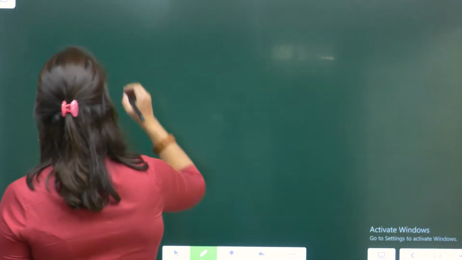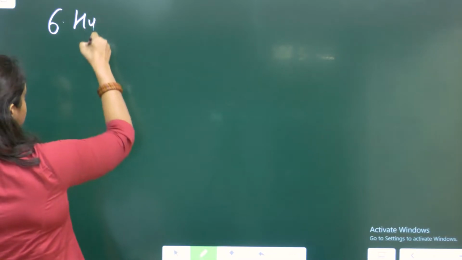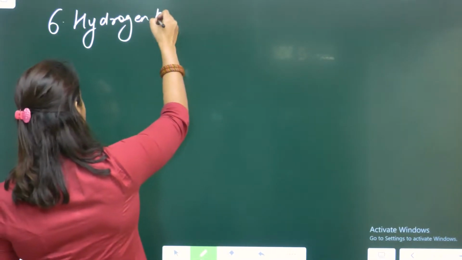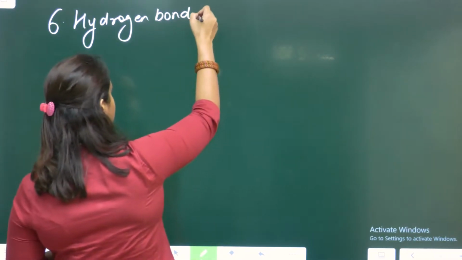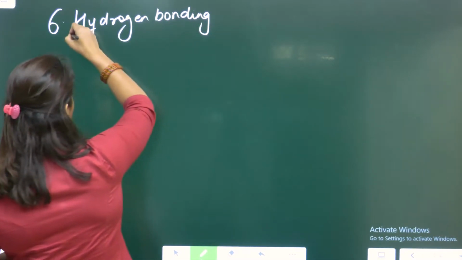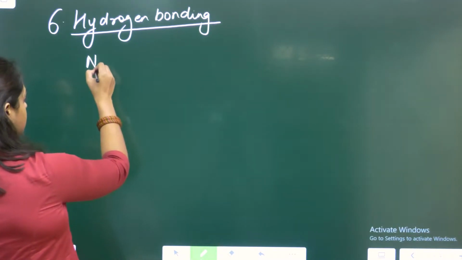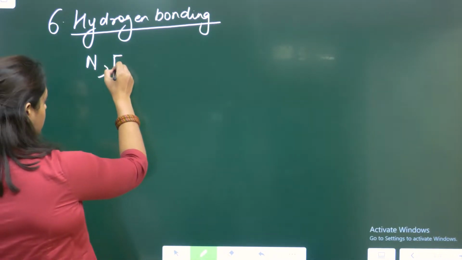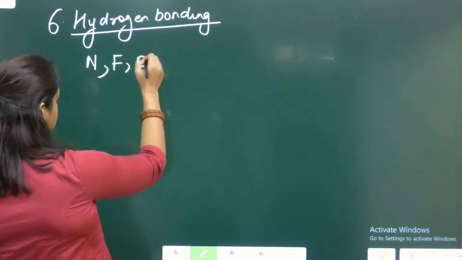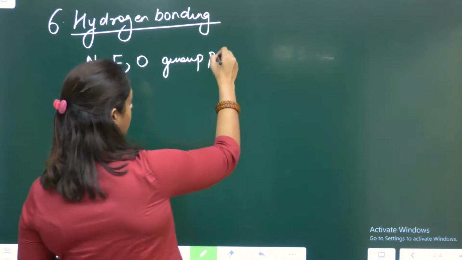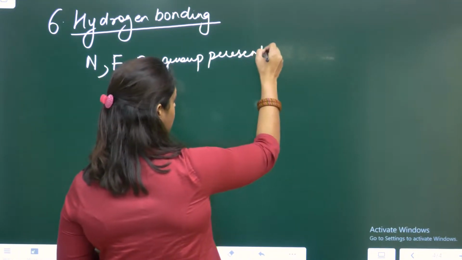Now, the last type of interaction, that is hydrogen bonding. And it is a special case. Why is it a special case? Hydrogen bonding is shown only by a few particular compounds which have nitrogen, fluorine or oxygen present along with hydrogen.